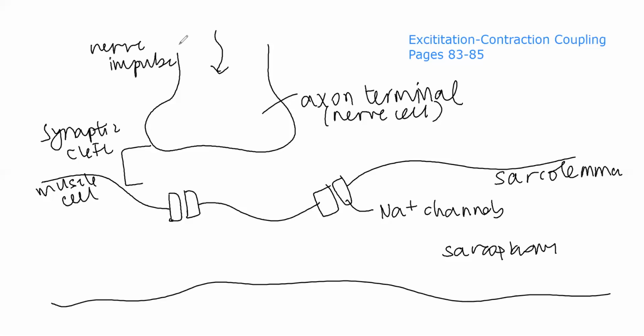When that nerve impulse arrives here in the axon terminal, there are special channels here called calcium channels. And they will open. Okay, so nerve impulse travels to the axon terminal. That causes these calcium channels to open, and calcium comes into this axon terminal.